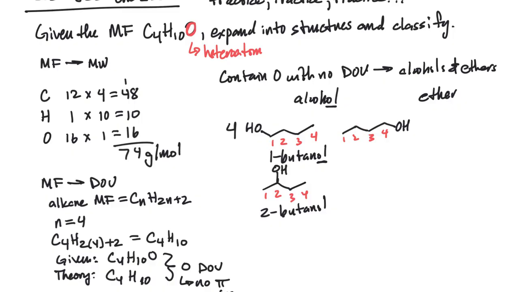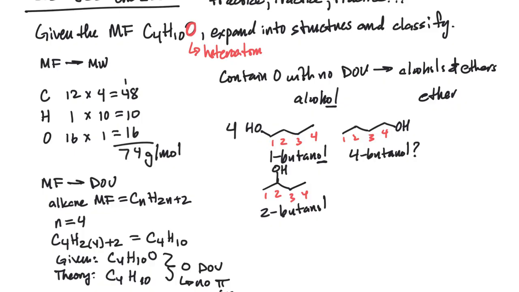So 1, 2, 3, 4, we put it there. Would this be called 4-butanol? And the answer to that question is no, because all we've done is really just redraw 1-butanol in a different way.